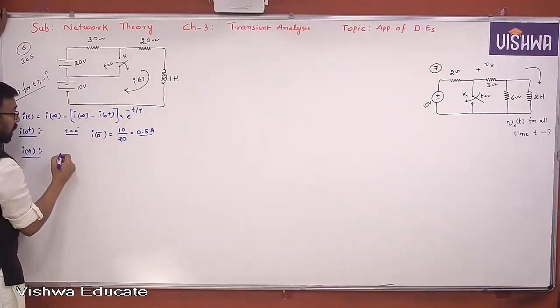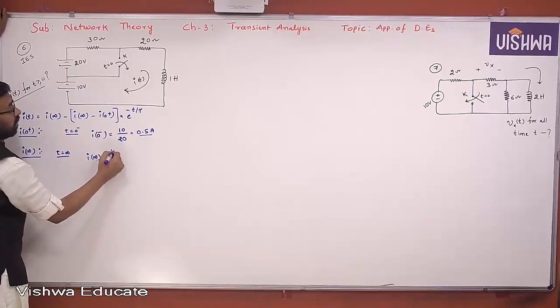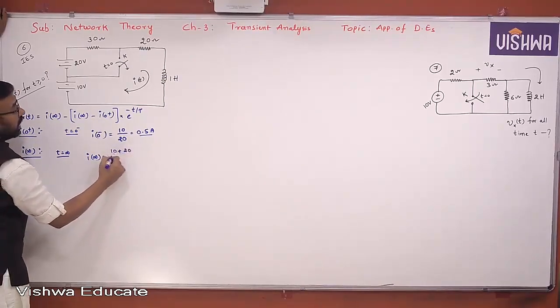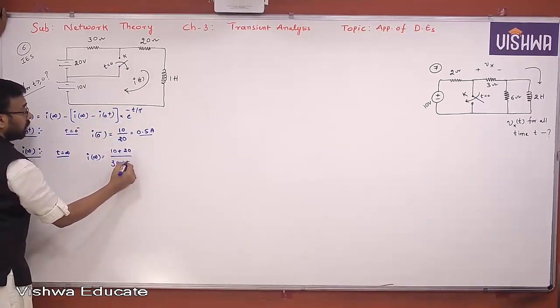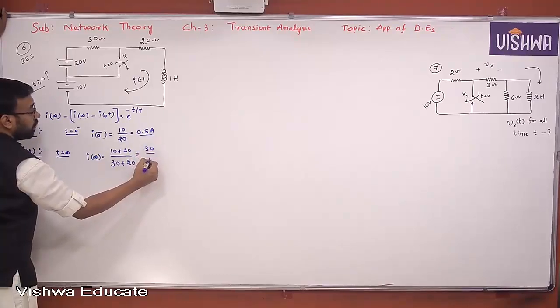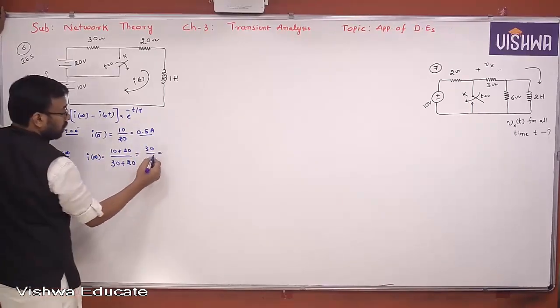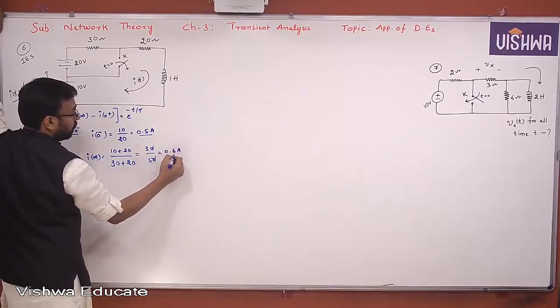So i of infinity is 30 divided by 50, that is 0.6 ampere.